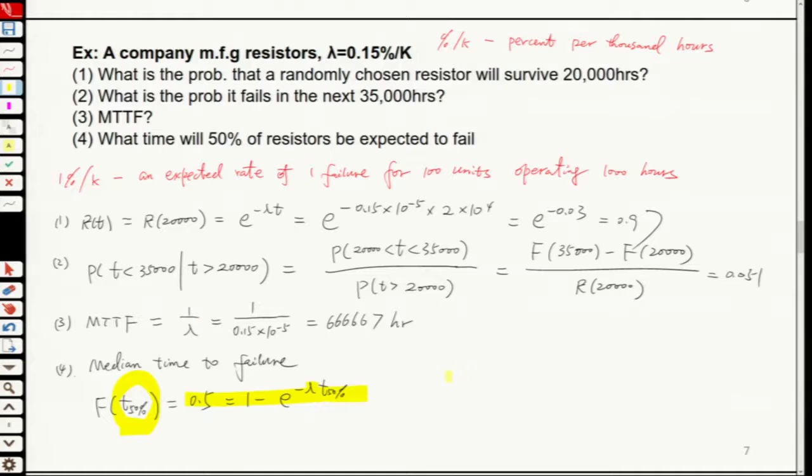So now it's just a matter of solving the equation: 0.5 equals 1 minus exponential minus 0.15 times 10 power minus 5, times t50%.